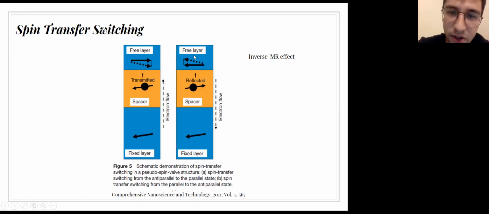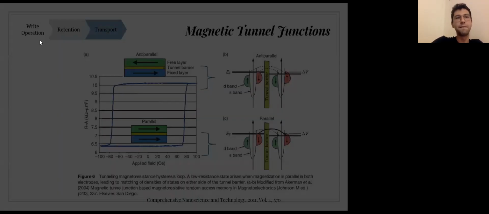The spin orientations coming here are reflected from the fixed layer, they go and come back, and the effect is also the precessional torque effect. Okay, switching.